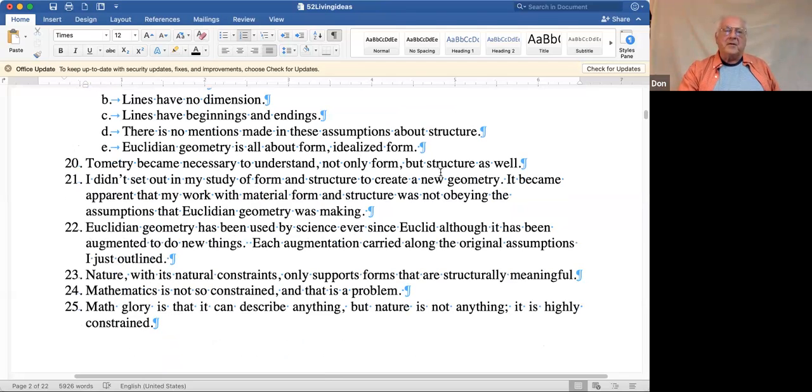It became apparent that my work with material form and structure was not obeying the assumptions that Euclidean geometry was making. Euclidean geometry has been used by science ever since Euclid, although it has been augmented to do new things. Each augmentation carried along the original assumptions I just outlined.